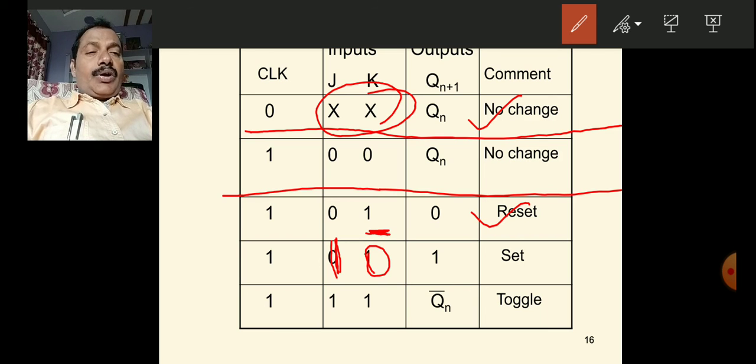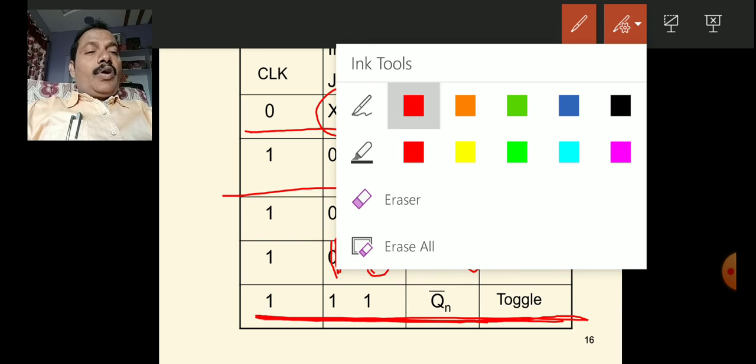J is 1 means it is set. The flip-flop is set to 1. The last condition I explained in detail: clock is 1, J is 1, K is 1. The flip-flop toggles. That means it complements its previous value. So this is the truth table of the flip-flop.